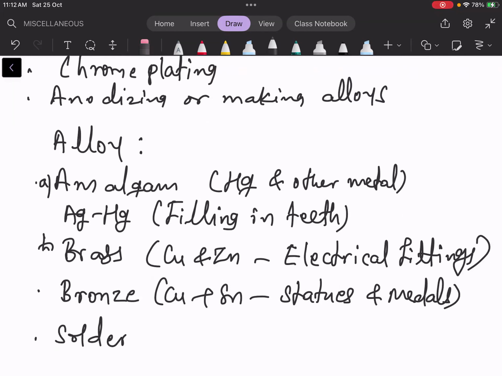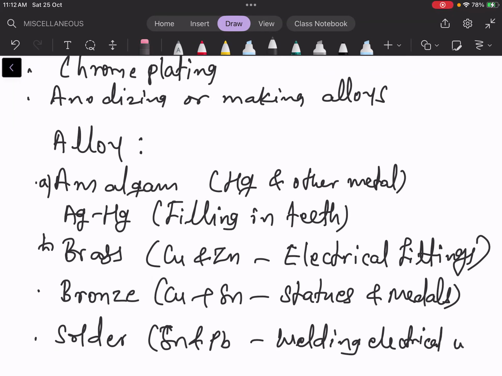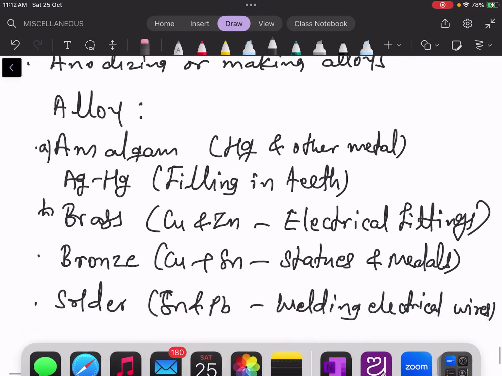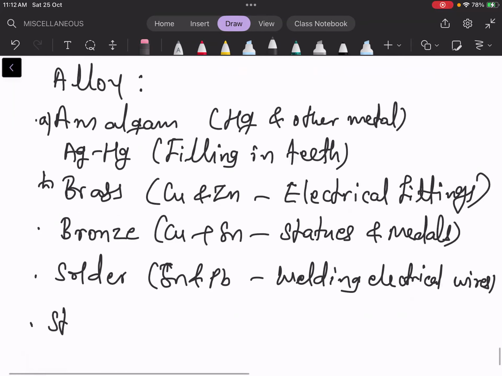Then solder. It is an alloy of tin and lead. It is used for welding electrical wires. Then stainless steel.